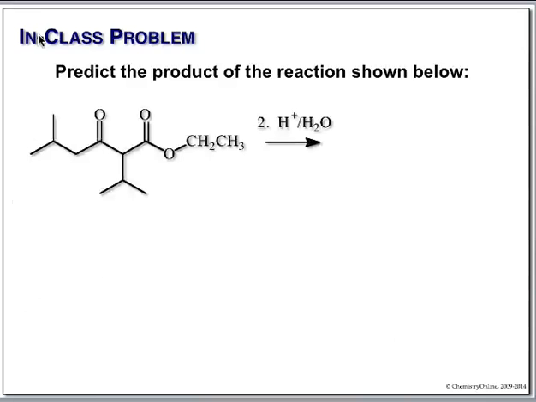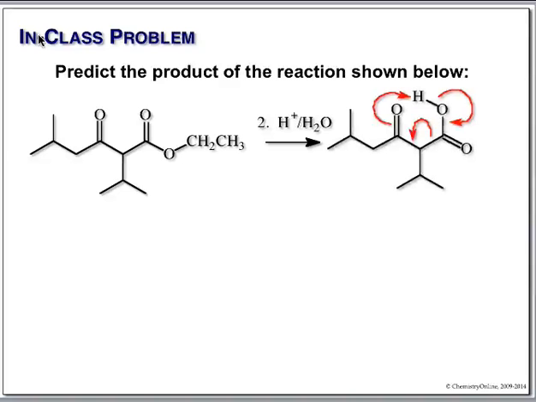Now when I dump this into acid, we're going to hydrolyze the ester to the carboxylic acid, right? Just like we saw with malonate and with acetoacetate. This is going to be a beta keto acid. This part is going to come flying off as CO2 and draw the structure for me of what's left.